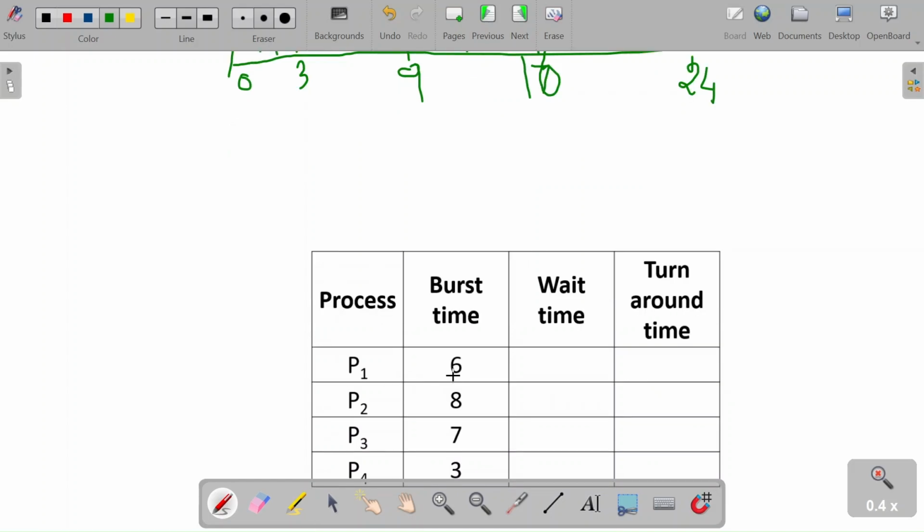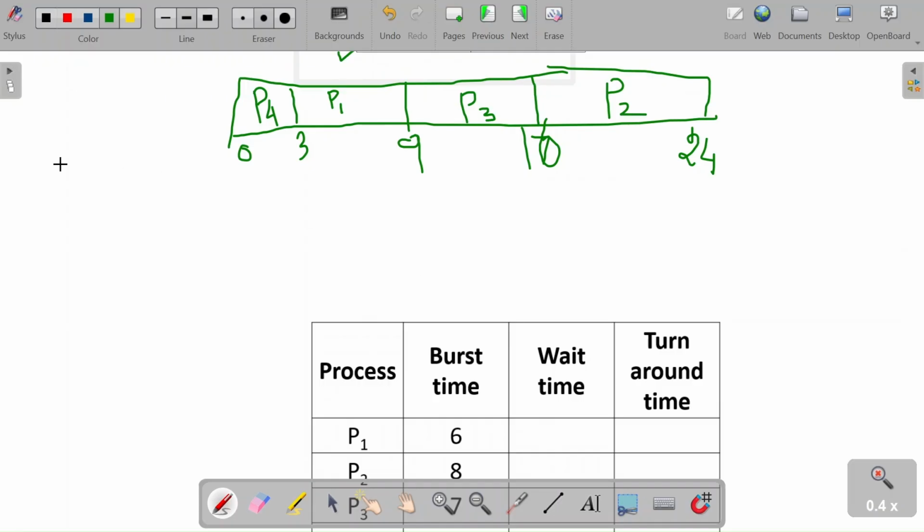Burst time is given in the problem. Now let's calculate the wait time. The wait time for a process is start time minus arrival time. P1 starts at 3 and arrives at 0, so it is 3.